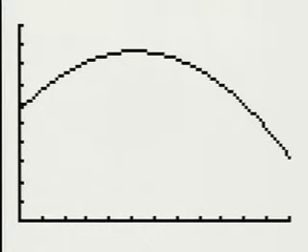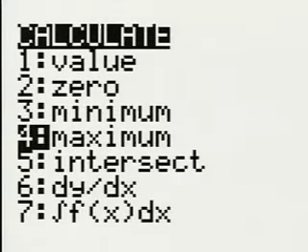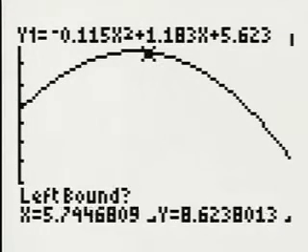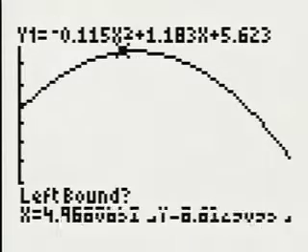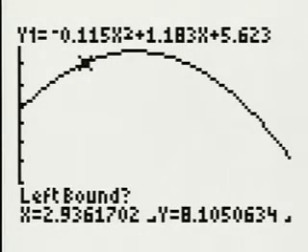For part A, we were asked to determine the highest rate during this time period, so that means we need to find the maximum. So we're going to go to our calc menu, select option number 4 for maximum. The left bound, we need to go to the left of the peak, so we want to scroll to the left so that we're clearly on the upside of the peak.